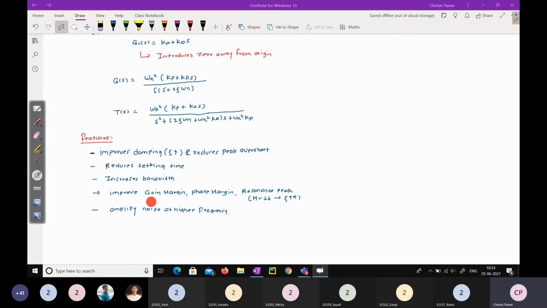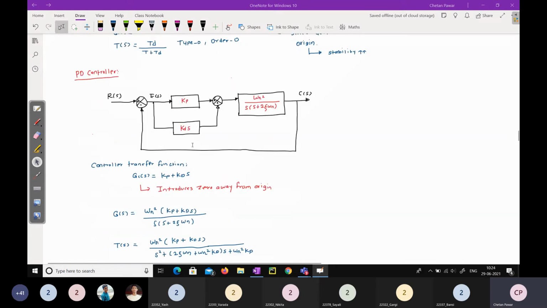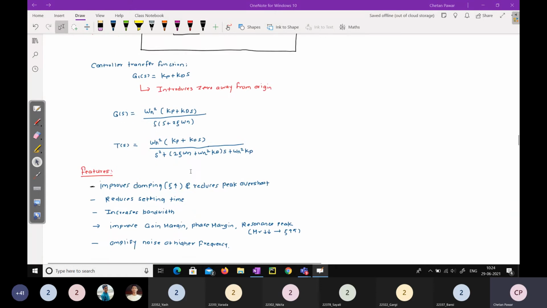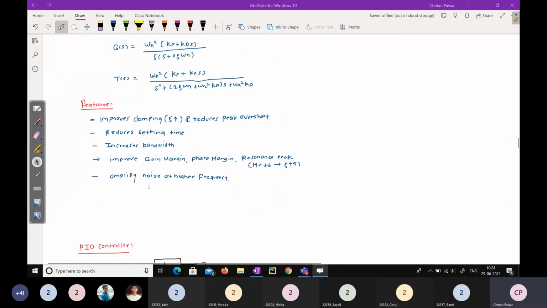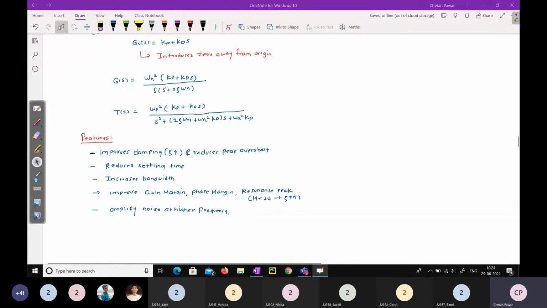Gain of the system will be high for the high frequency, so this will be the disadvantage. So these are the features of the PD controller. Because of this disadvantage, amplifying the noise at higher frequency, this is a rarely used controller.